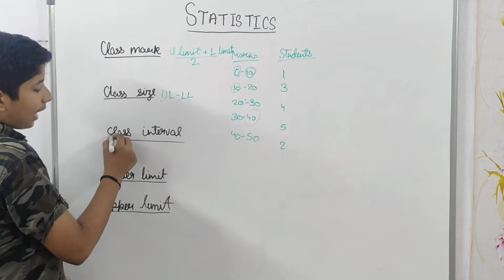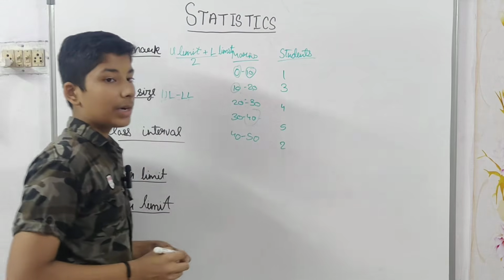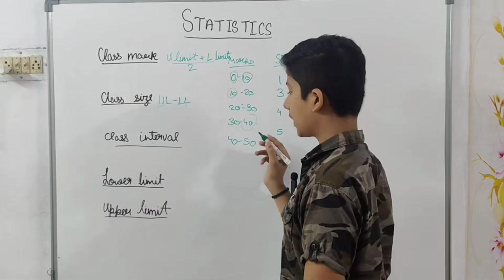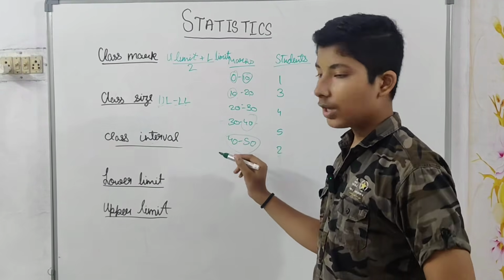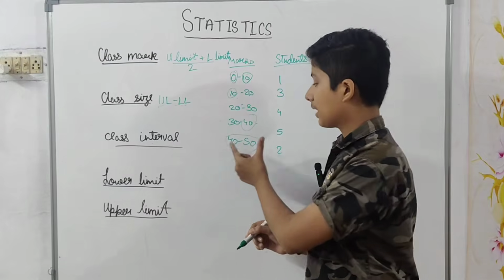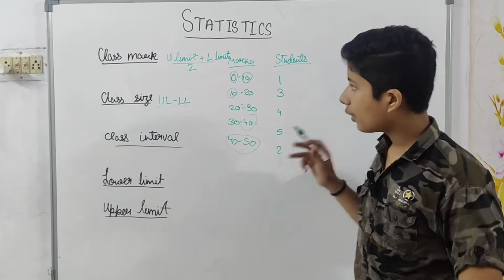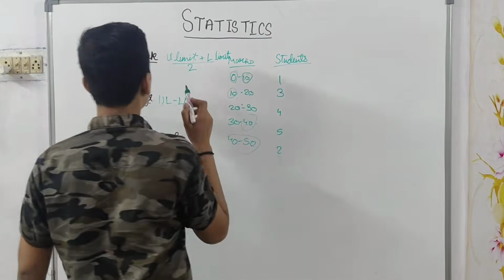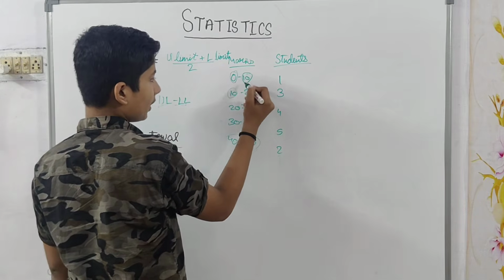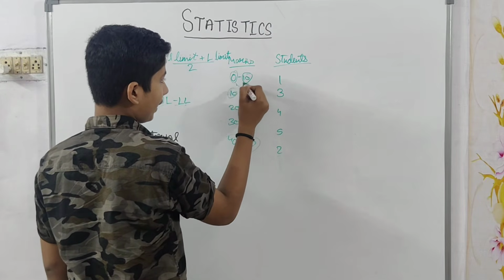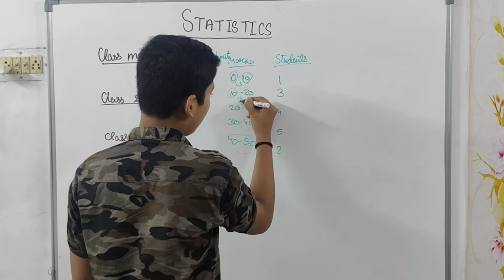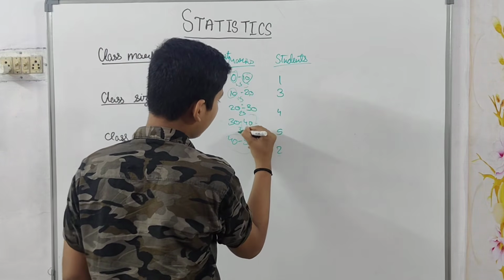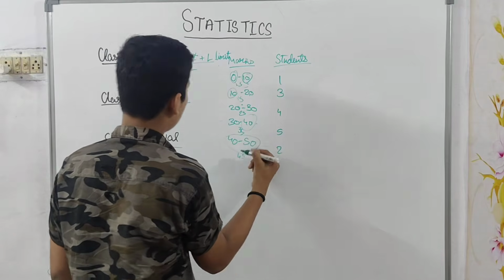Okay, now class interval. What is class interval? So the class interval is this thing. This whole thing together is known as class interval. Okay, so let's continue again. See, class mark is upper limit plus lower limit divided by 2, which will be the mid value, meaning 5, here 15, 25, 35 and 45.